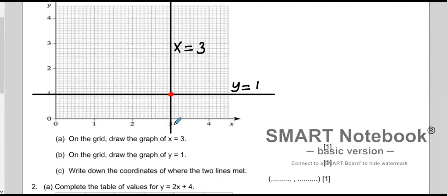You start recording from the x-axis, so the coordinates will be 3, comma, x comma y, but the value of y will be this number. So it will be 3, 1.